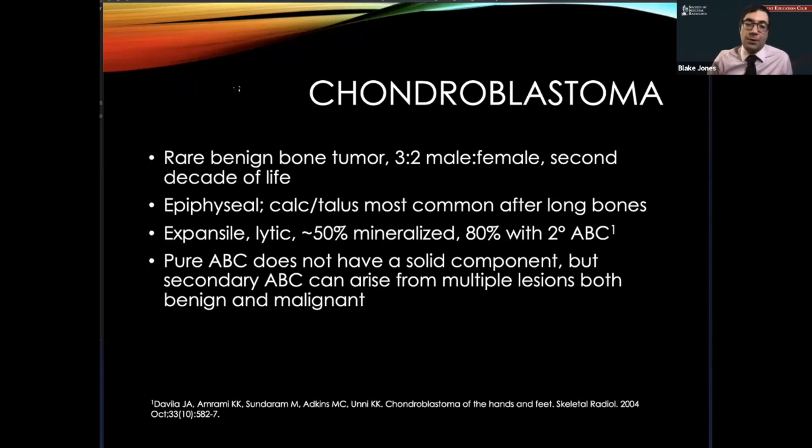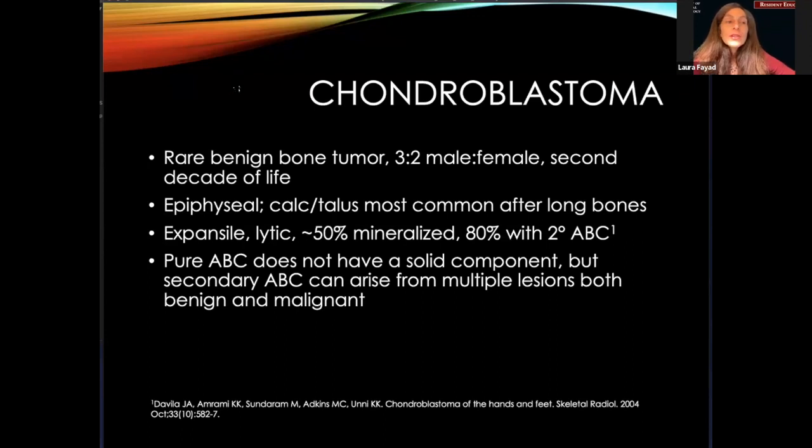I don't know that it's the best look for it necessarily. I'm sure Dr. Fayad has seen more of these with secondary ABCs than I have, but technically, based on the features, theoretically it could be. I think that's a good answer. Another differential I would put in here is osteoblastoma. That's another one that has perilesional edema, secondary ABC, and some aggressive features.